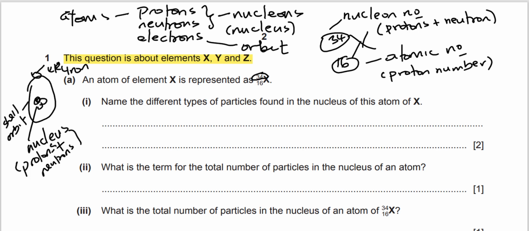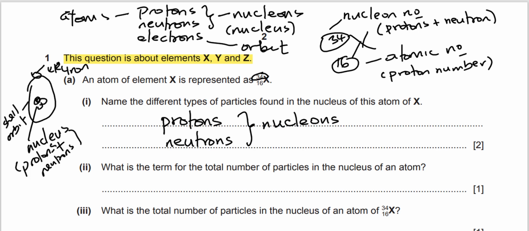Name the different types of particles found in the nucleus of this atom of X. So for this atom of X, the different types of particles found are the protons and the neutrons. Collectively, they are known as the nucleons.